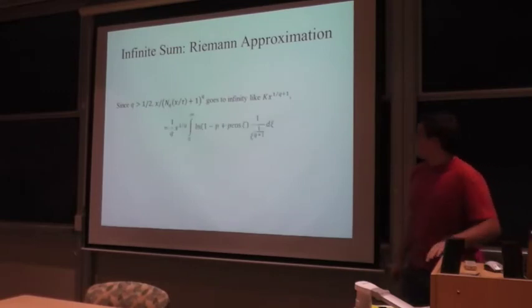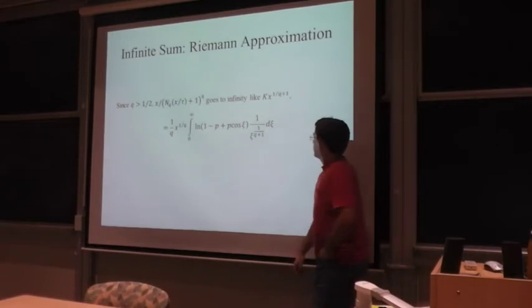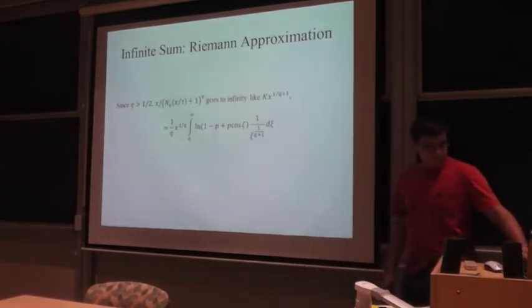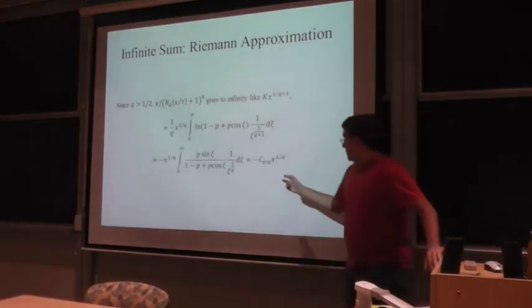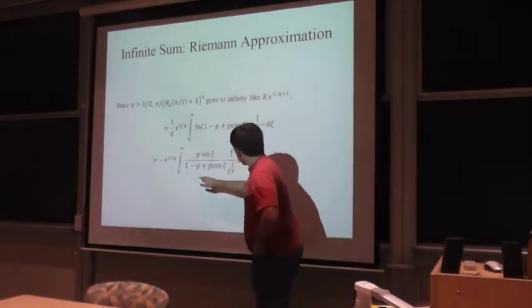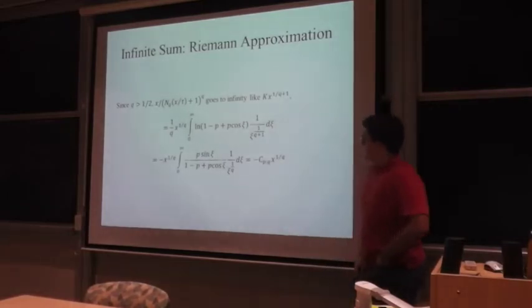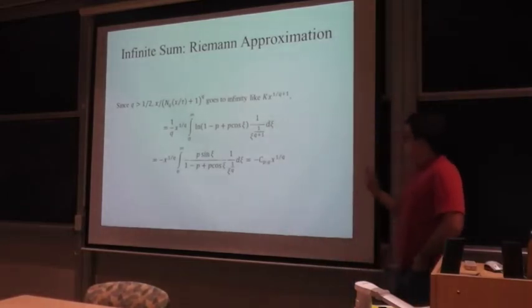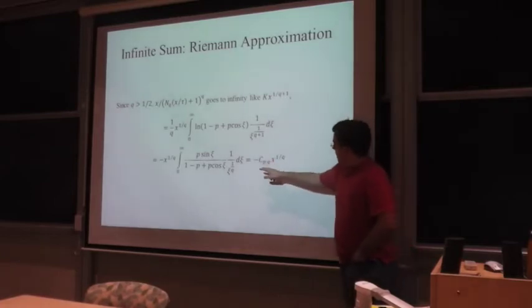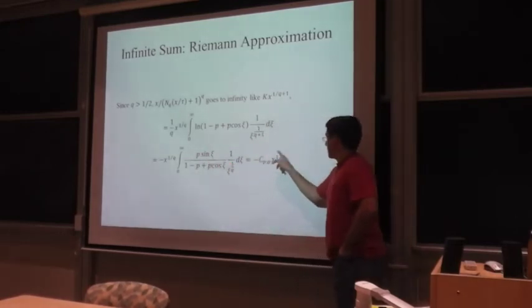And because of that, we can replace the upper limit of integration with infinity and get a proper integral. And so we perform the integration. And this is what we call our constant CPQ. So we show that our Riemann approximation equals what we required before, e to the negative CPQ x to the 1 over q.